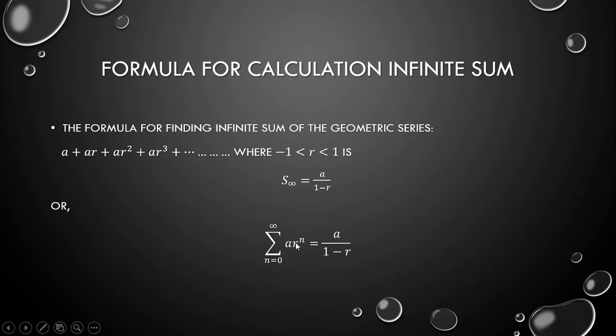The first term is the value of n equal to 0, the second term n equal to 1, the third term n equal to 2, and so on, continuing up to infinity. If you have to elaborate it like this: a plus ar plus ar square plus ar cube, and it is equal to a by 1 minus r.